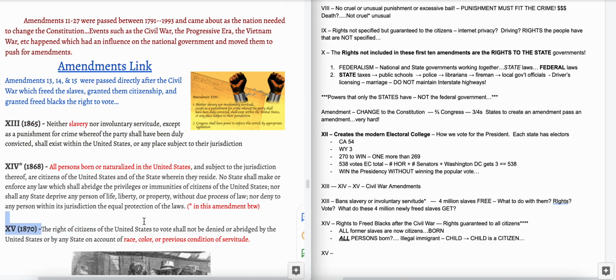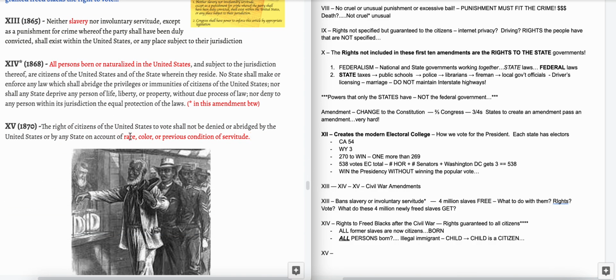The last of the Civil War amendments is the 15th Amendment, passed in 1870. The right of citizens to vote shall not be denied or abridged by the United States or by any state on account of race, color, or previous condition of servitude. Race, obviously meaning blacks. Color, or if you were born to a black mother and a white father, or a white father and a black mother. Or previous condition of servitude, so slavery.